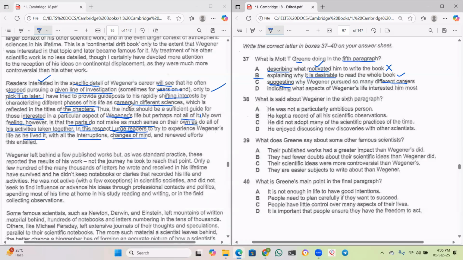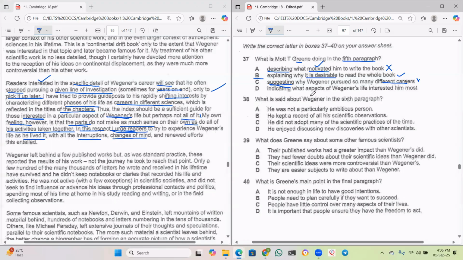His interest was shifting, and that's why he took different phases of life, different careers in different sciences. I'm not sure about C. I think he's not suggesting anything here, so this cannot be the answer.